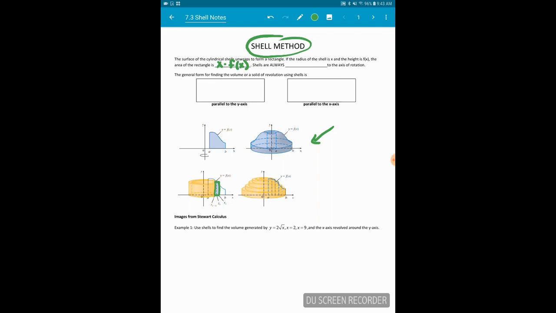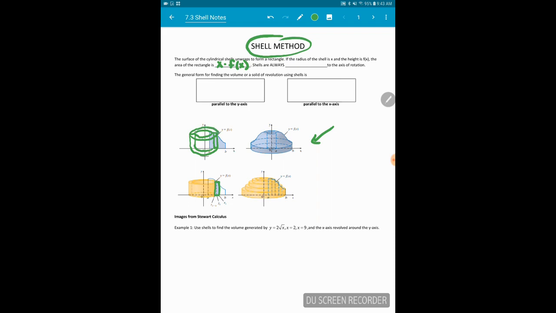But we're taking this rectangle and we're sweeping the rectangle around the axis. And it ends up going in the backside too.